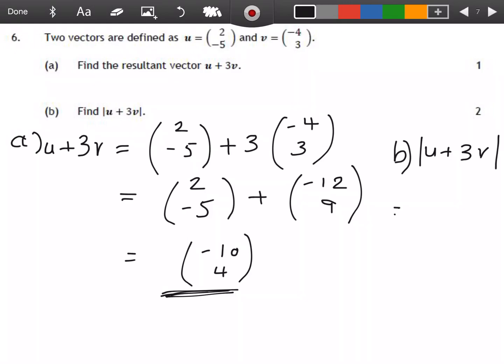So the magnitude of this one that we've just worked out, the negative 10, 4, what we do is we square the negative 10 and we square the 4. And we add them together. Oops, that doesn't look like a square. Oh, jeez.